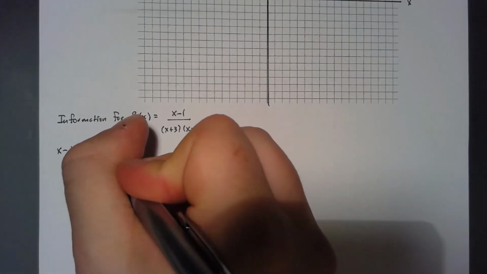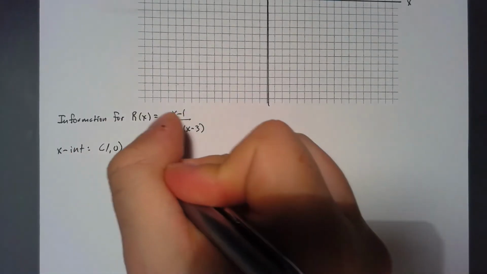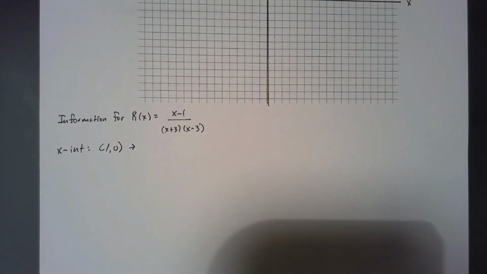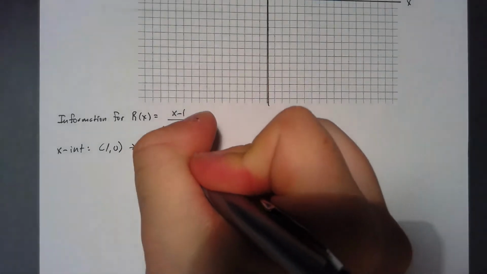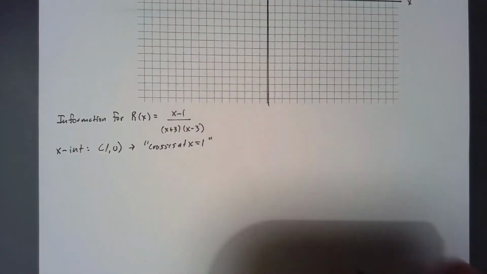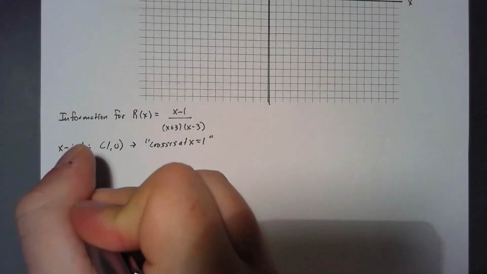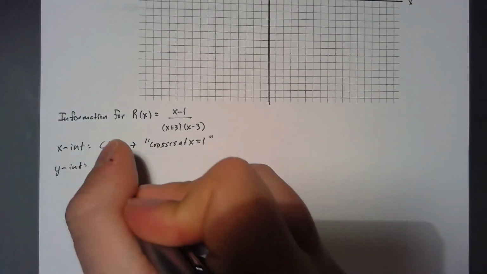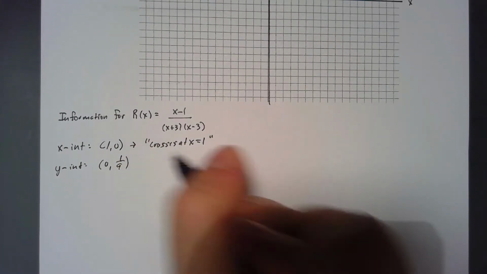1, 0. And we know from the multiplicity test that it crosses at x equals 1. The y-intercept is the value 0, 1 over 9.